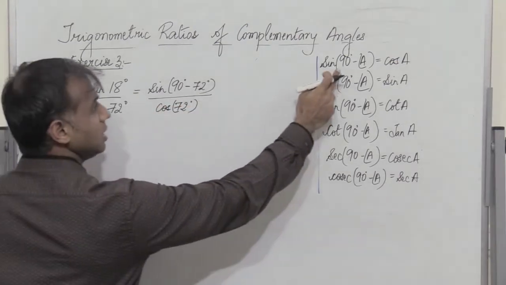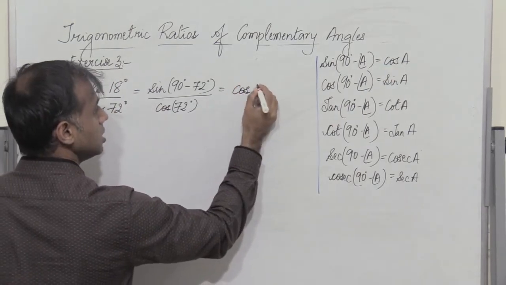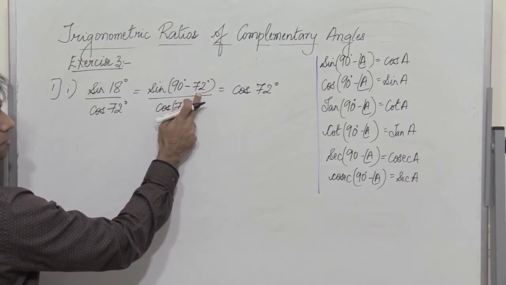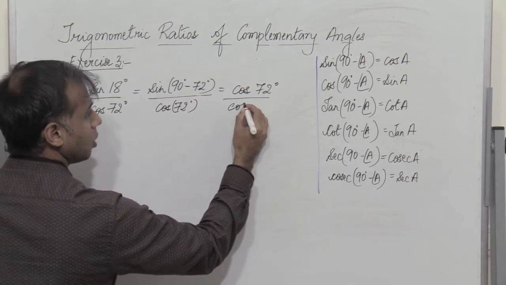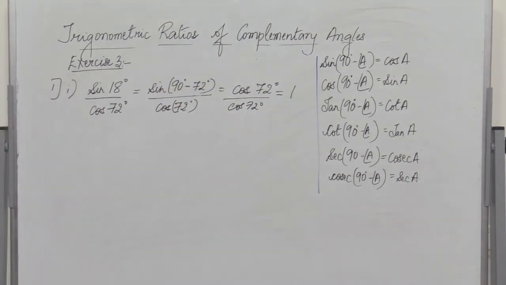We know that sine of 90 minus A is cos A, so this is nothing but cos 72 degrees, where instead of A I have 72 here, divided by cos 72 degrees. So this is 1. Very simple problem.